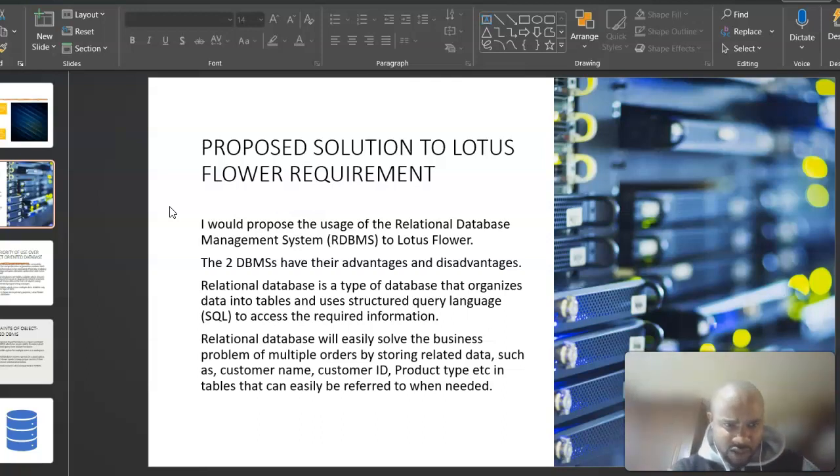A relational database is a type of database that organizes data into tables and uses structured query language, SQL, to access the required information. It will easily solve the business problem of multiple orders by storing related data such as the customer name, the customer ID, product type, and so on, in tables that can easily be referred to when needed.